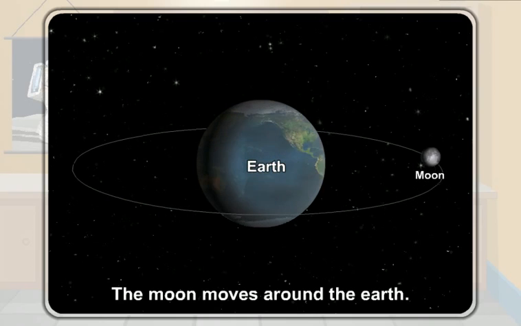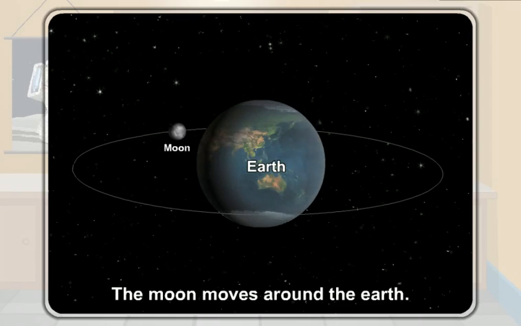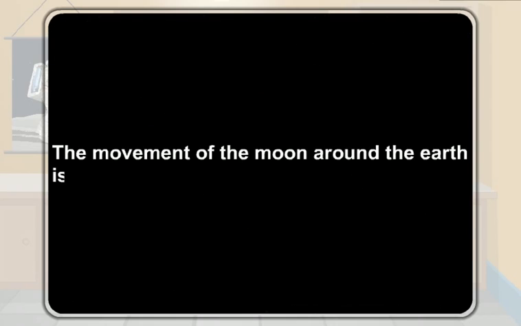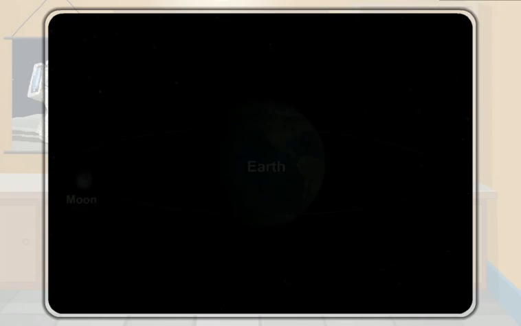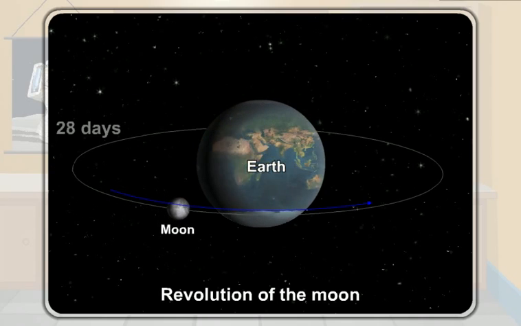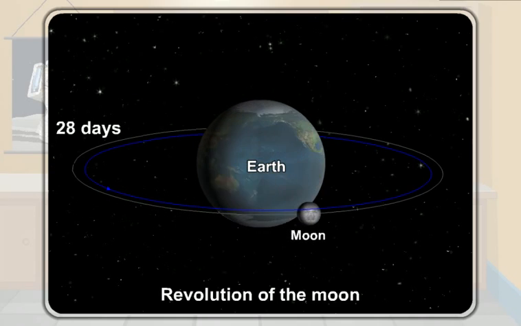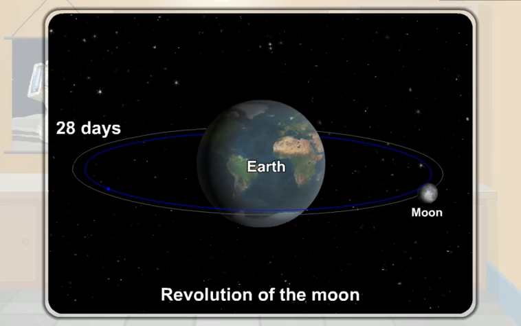The moon moves around the earth. The movement of the moon around the earth is called revolution. The moon takes about 28 days to complete one revolution around the earth.